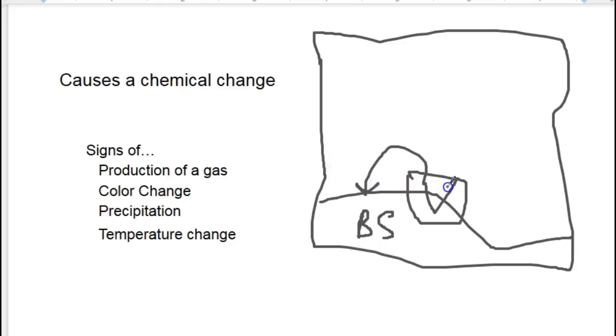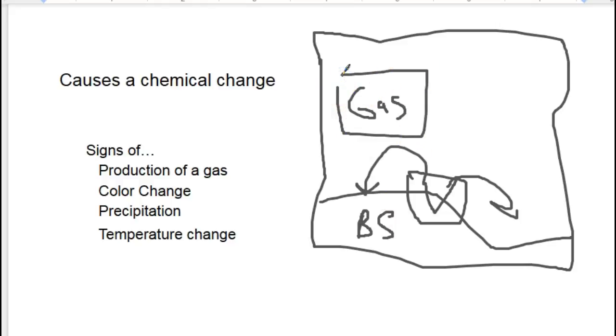It comes pouring out of here, and then what happens? It foams, and what it's doing is producing a gas. So we know the chemical property of baking soda is it foams when mixed with vinegar, but really what's happening, not foaming, it's producing a gas. Okay, that's its property when it's mixed with vinegar. But we know it's a chemical change because it's producing that gas.